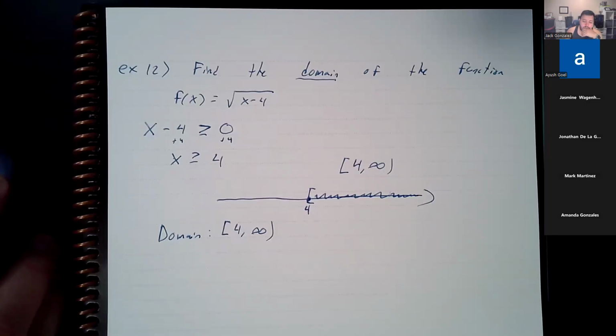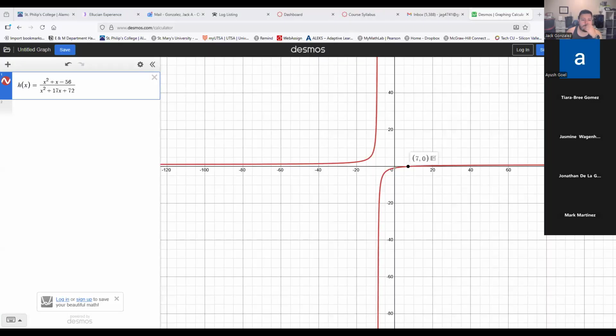On this one, though, it would be right. Any infinity is always going to have a parentheses next to it.